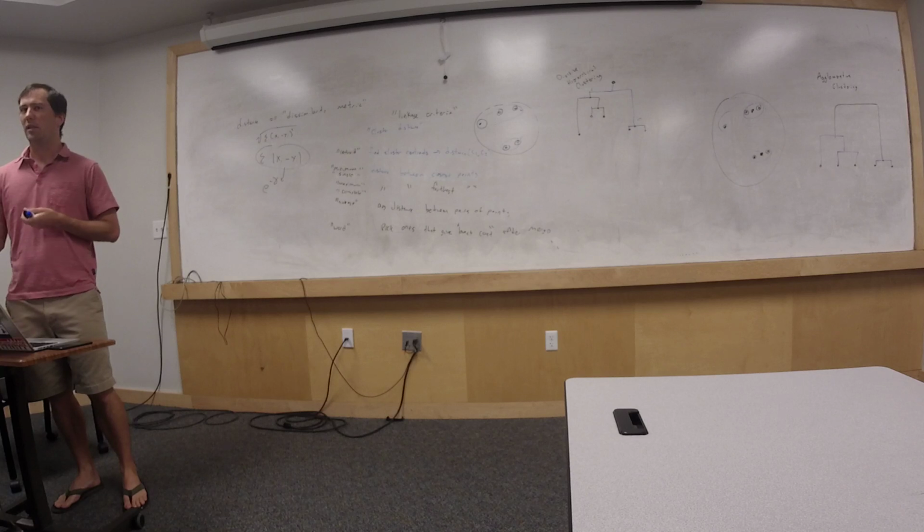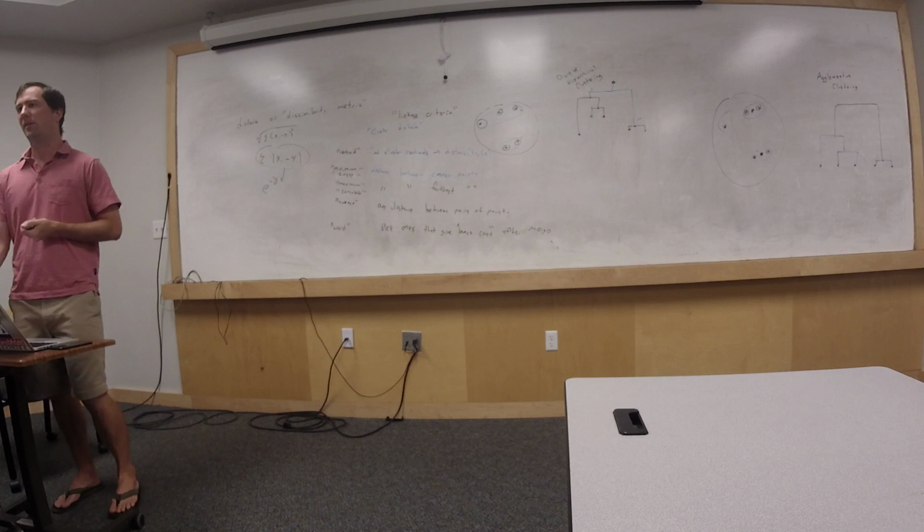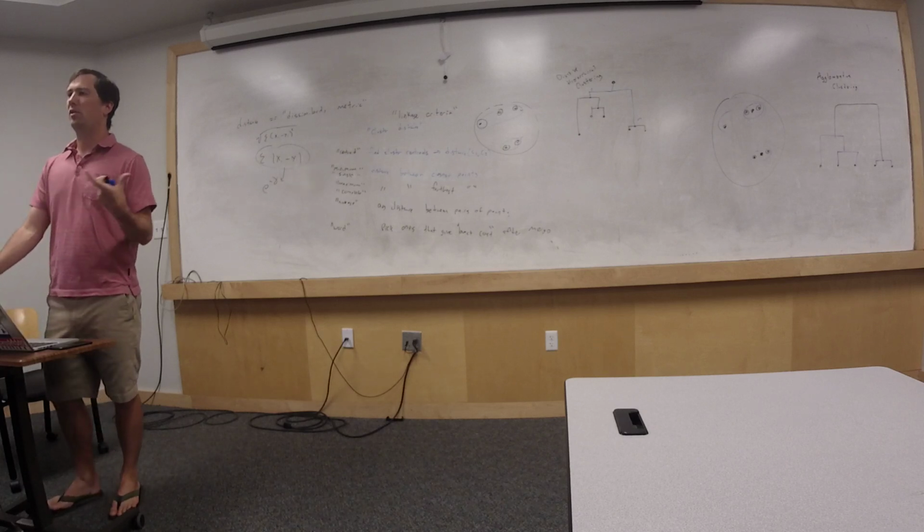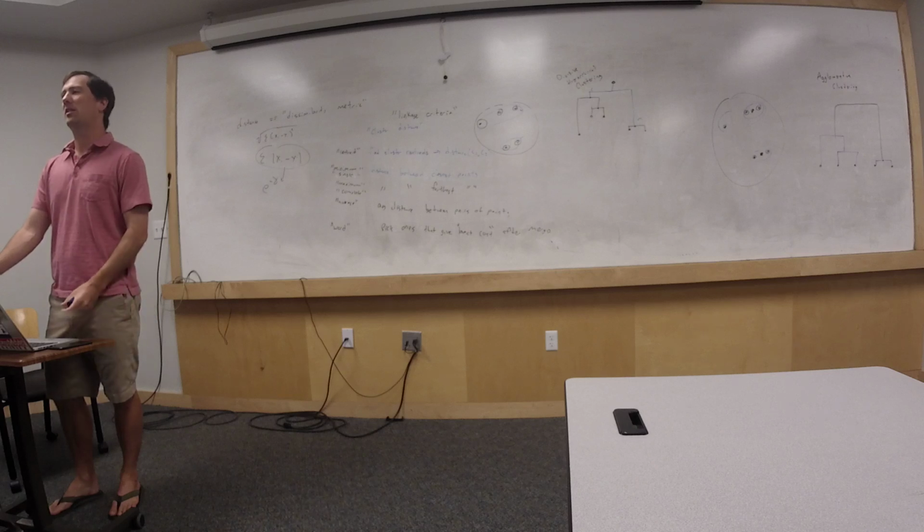All right. So this is the linkage criteria. When we do hierarchical agglomerative clustering, where we're merging, we have to decide how we pick the two clusters that we should merge next. And they're all based on some way of measuring the distance between two clusters.